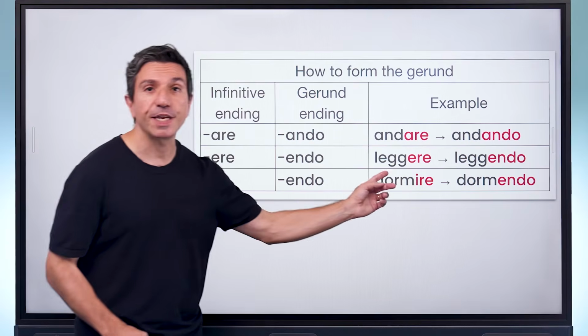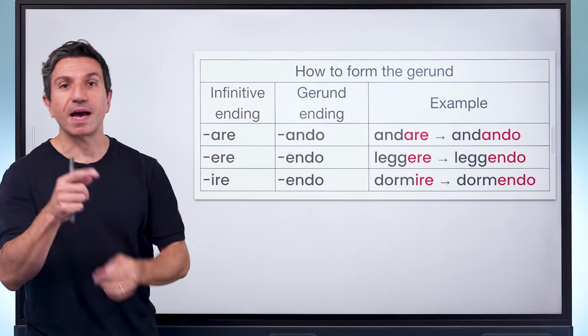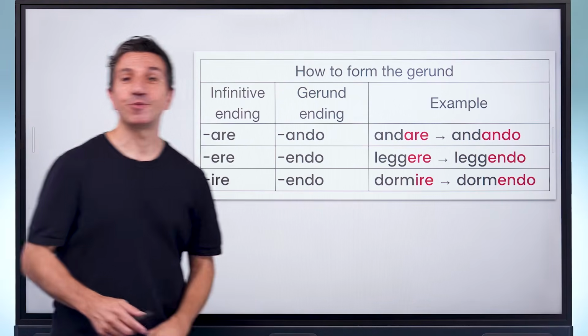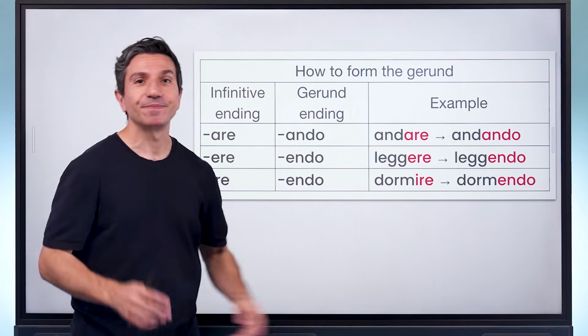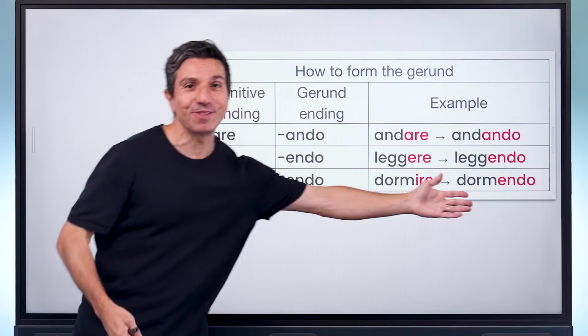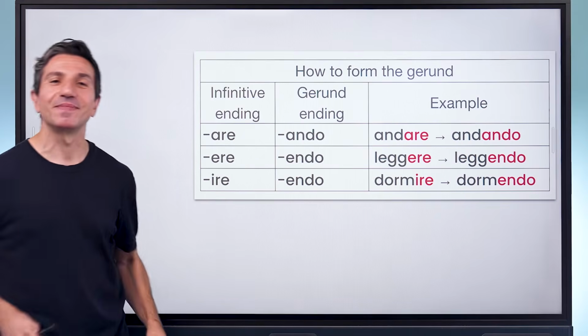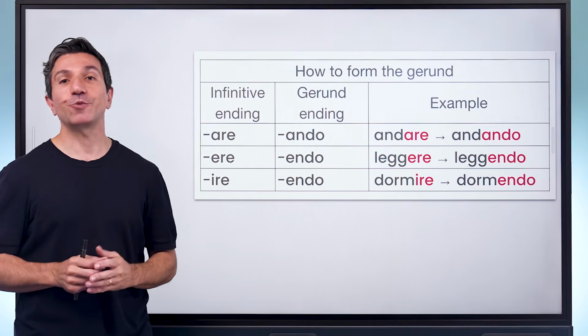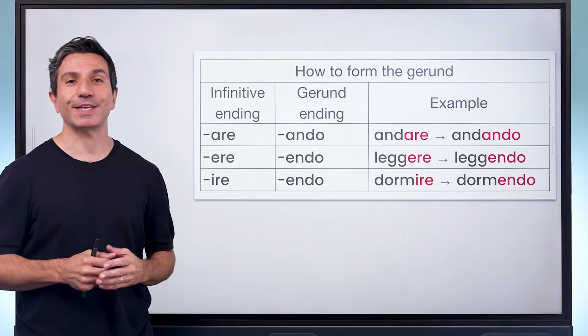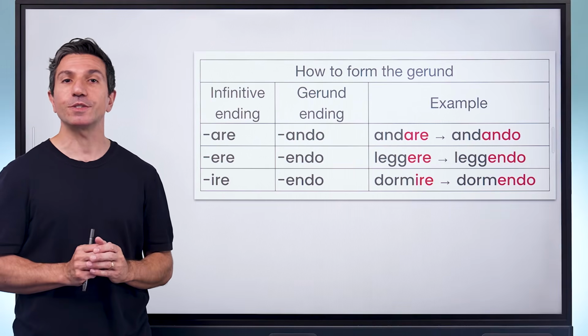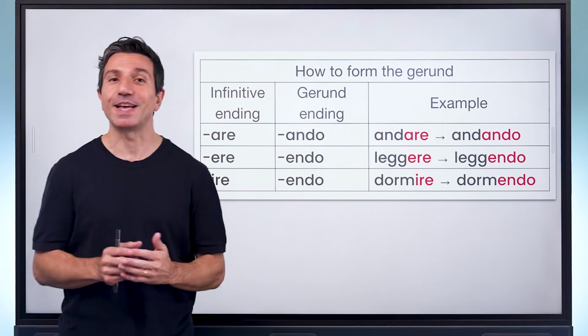So, leggere, to read, becomes leggendo, reading. And dormire, to sleep, becomes dormendo, sleeping. This rule helps you create the gerund form needed to describe ongoing actions, especially when used with the verb stare in the present tense.